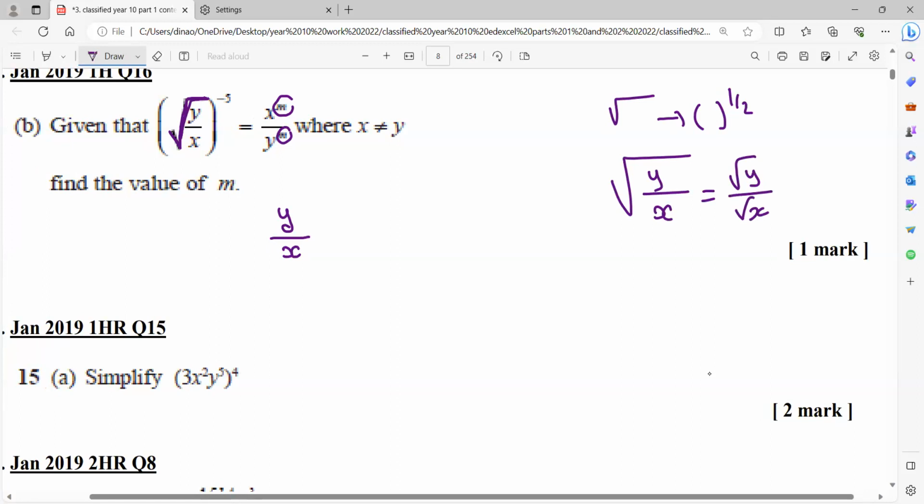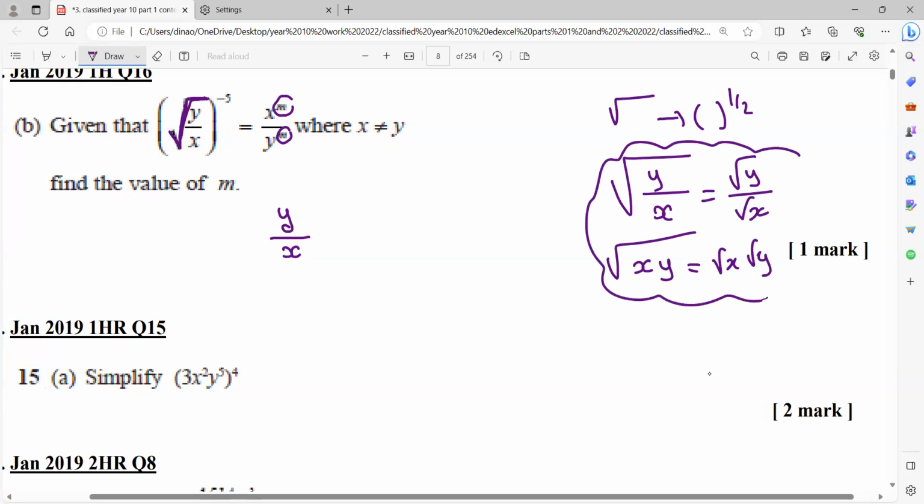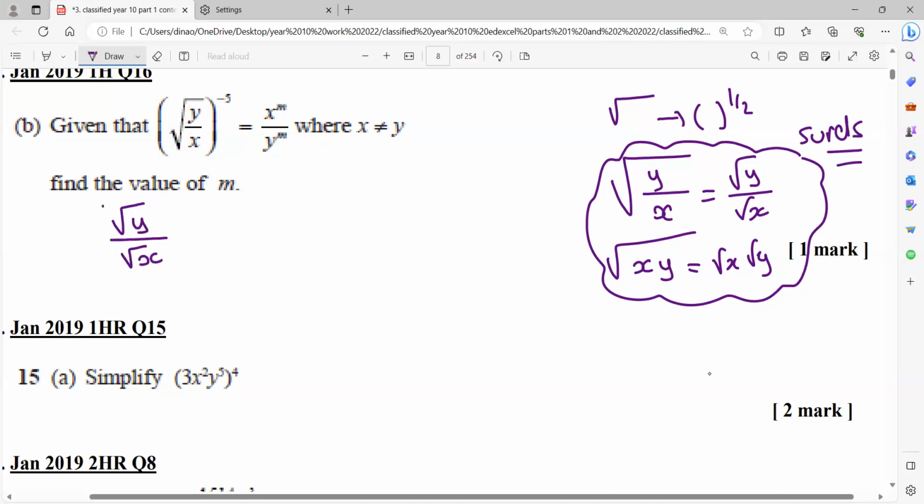I am allowed to separate the root on top and bottom. Same thing if I am dealing with multiplication, I am allowed to separate it as follows. This part was discussed in detail in the video thirds. So what I can do over here initially is separate the square root on both items, and then keep the power outside as it is for the time being.